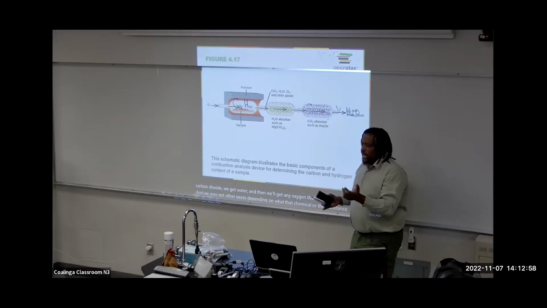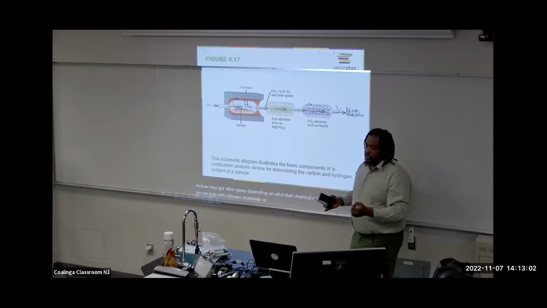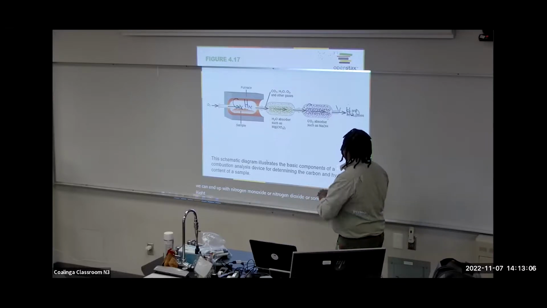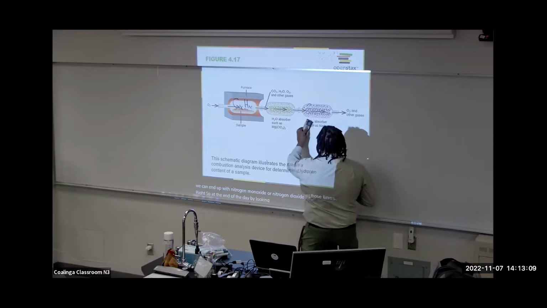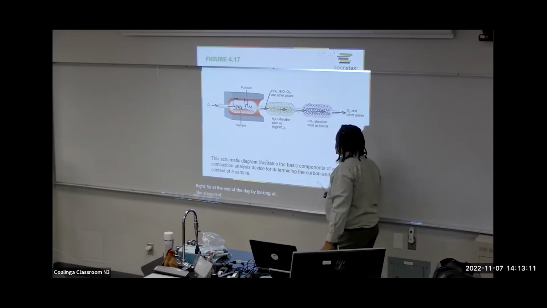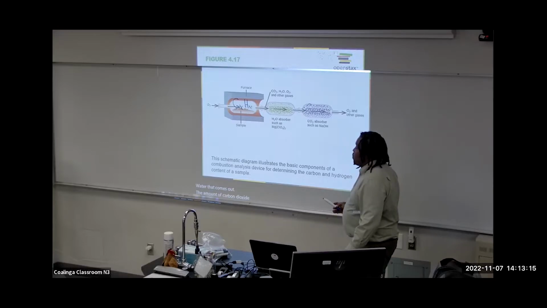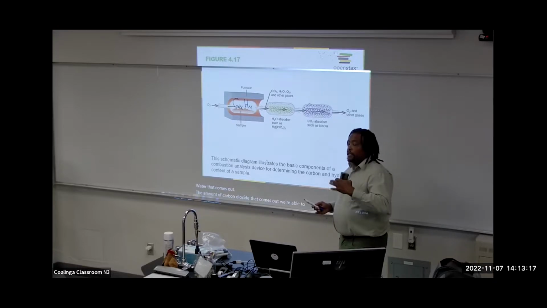So we can end up with nitrogen monoxide or nitrogen dioxide or something along those lines. So at the end of the day, by looking at the amount of water that comes out and the amount of carbon dioxide that comes out, we're able to use that to determine the empirical formula.